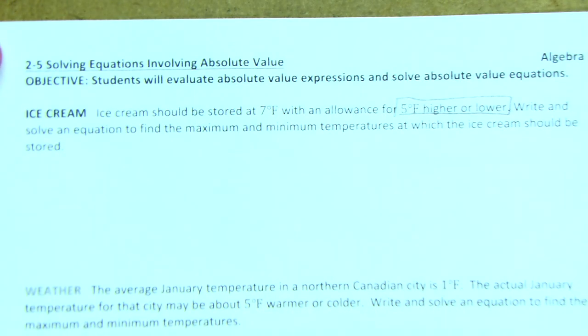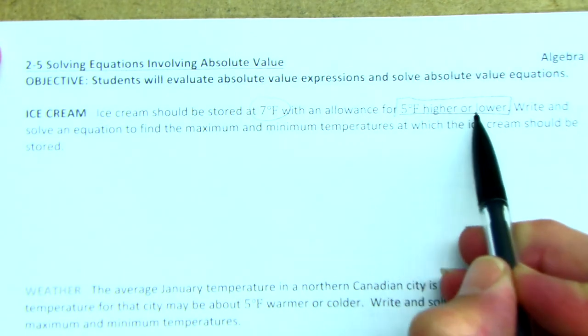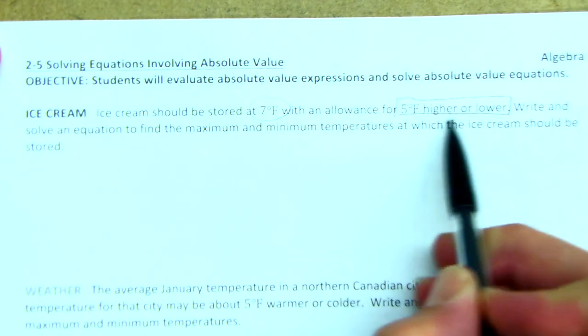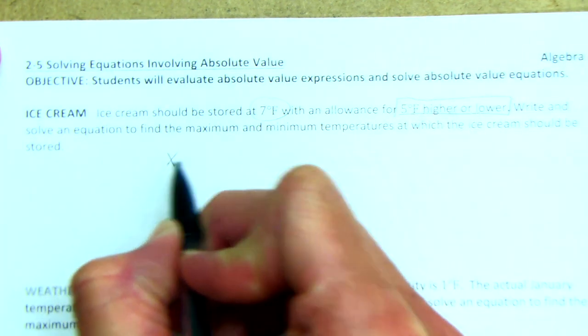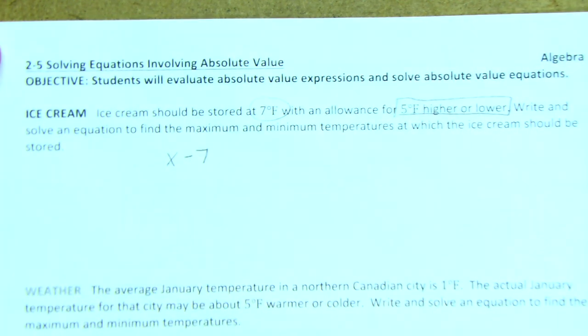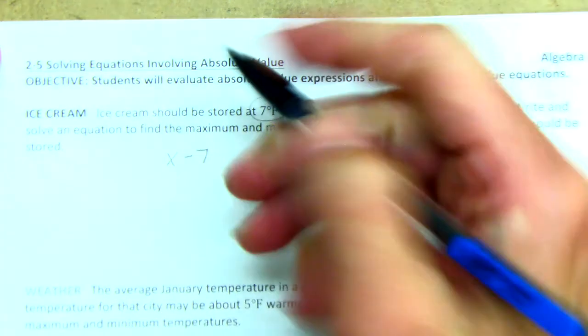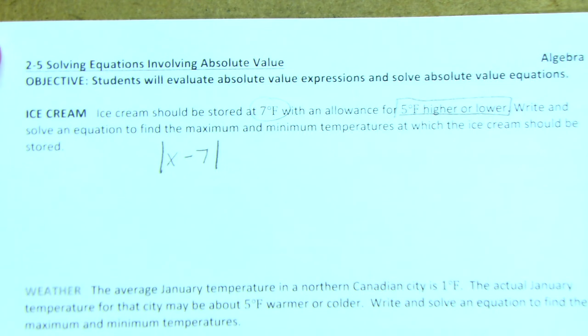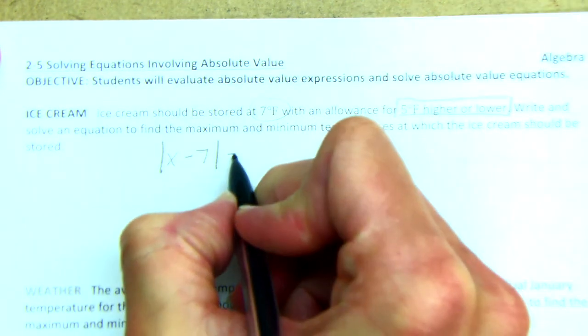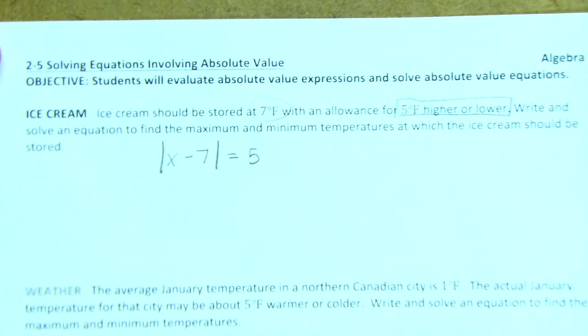So the desired temperature is 7, but it could be 5 higher or 5 lower. In other words, the difference between the actual temperature and the desired temperature, that value can either be a positive 5 or a negative 5. So it equals 5. And then you can just solve your two.